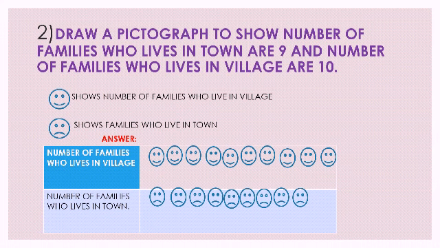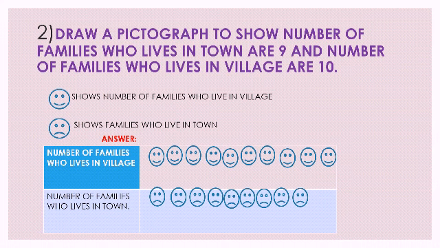What is the number given? 10. So here it is shown that each smiley shows one family. So if there are 10 families, how many smileys do you have to draw? If one smiley denotes one family, then for 10 families, how many smileys will you draw? 10.